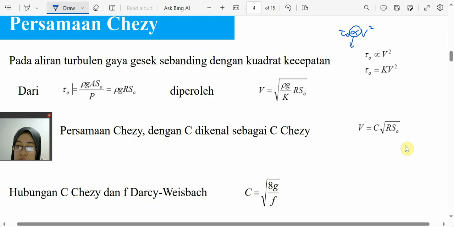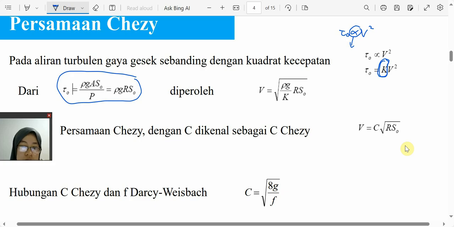That something is some coefficient. So the shear force is equal to some coefficient times velocity square. This is the coefficient that Chezy assumed, and what we will learn here. Okay, so this is from the last slide.